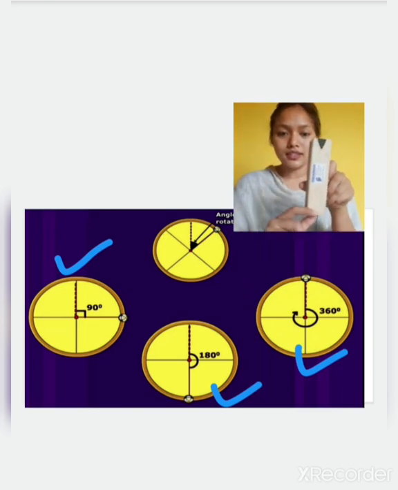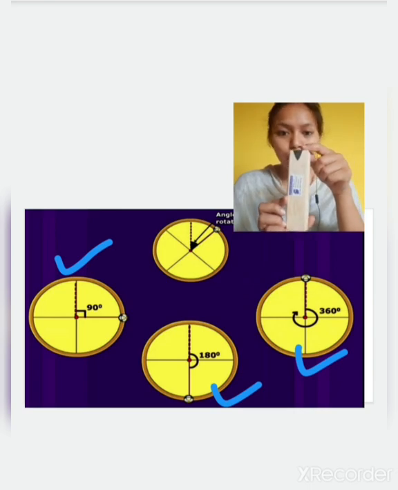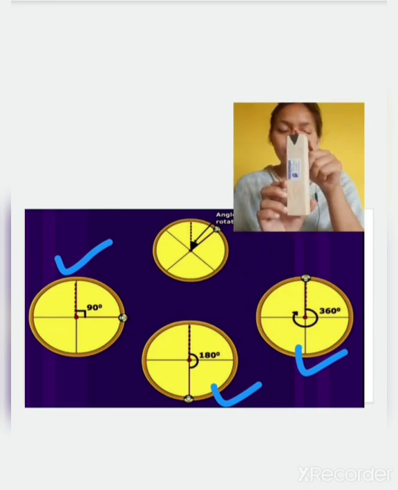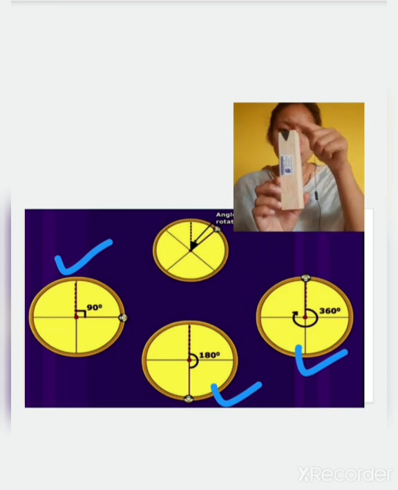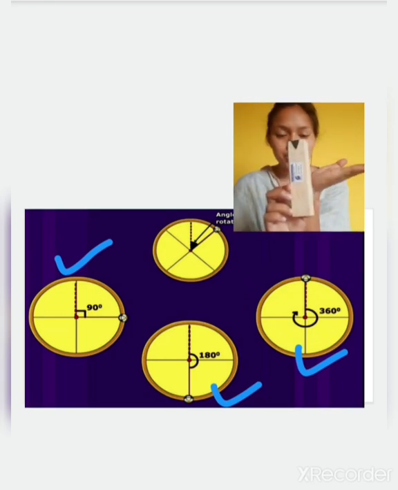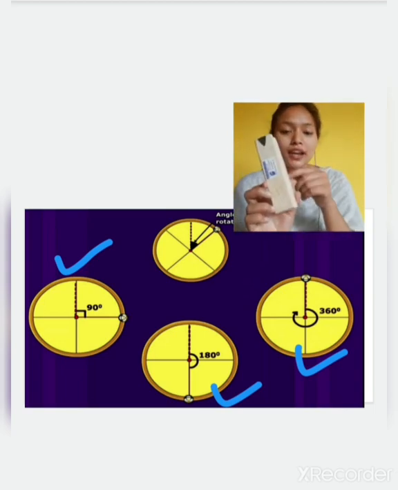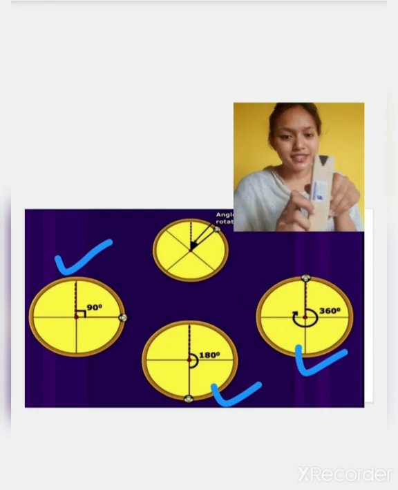As you can see in this duster, if I take this black head as the starting point, 0-degree angle, and rotate it 90 degrees, it will come to this side, a 1/4 rotation, as we studied in chapter number 2.